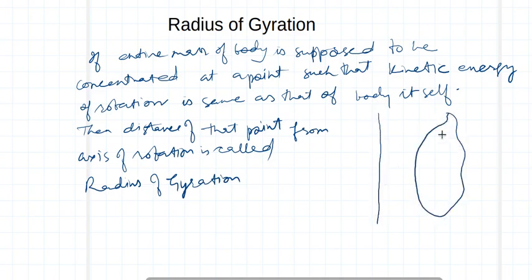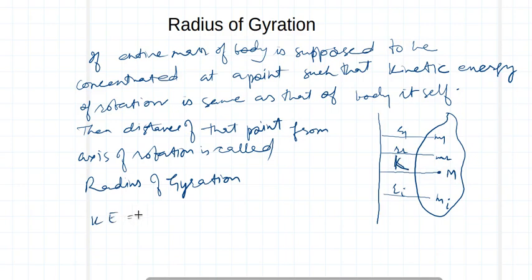For example, say it is a body with particles m1, m2, and mi, at distances r1, r2, and ri, and say it is the center of mass where the whole mass of the body is supposed to be concentrated, at a distance, say k. Then this k is known as the radius of gyration.